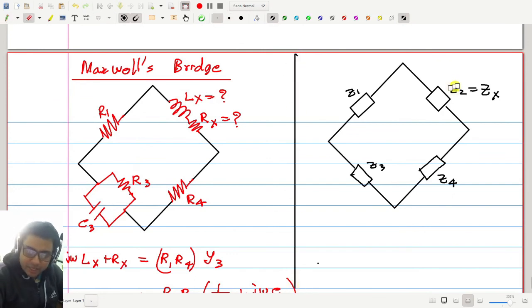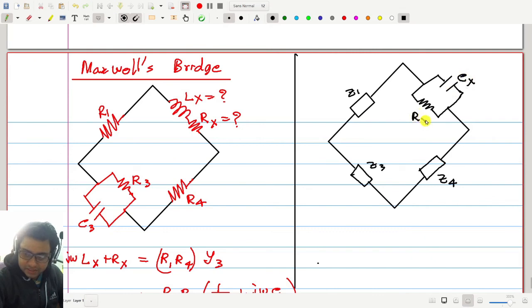Suppose I am interested in measuring a capacitor, and suppose I choose to model my unknown capacitor as a parallel combination of a capacitor and a resistor, call it Cx, Rx.